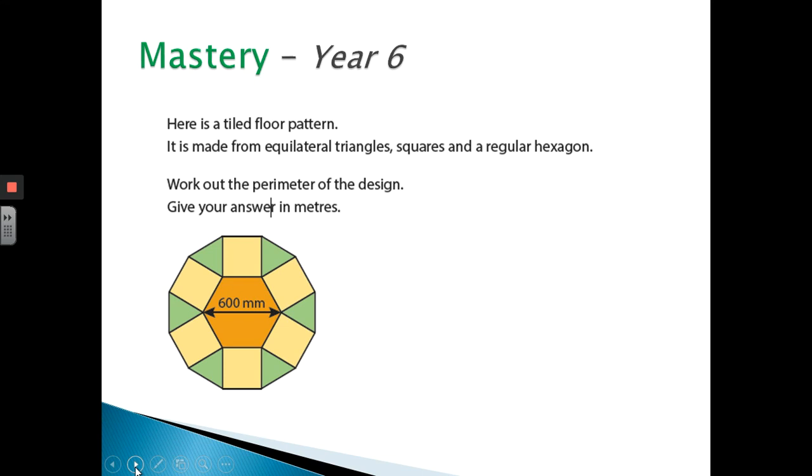Here's another trickier one, mastery, year 6. So here's a tiled floor plan. It's made from equilateral triangles, squares, and a regular hexagon. Work out the perimeter of the design and give your answer in meters.